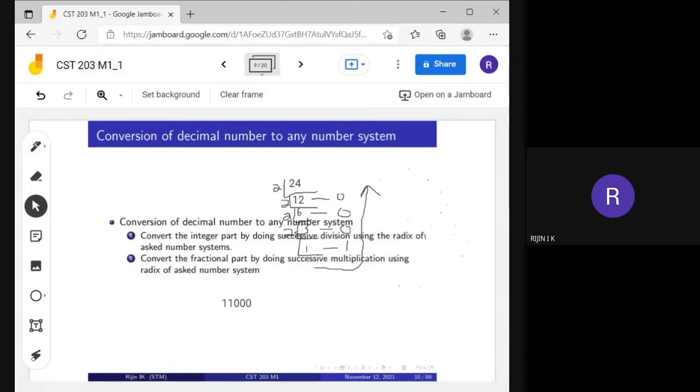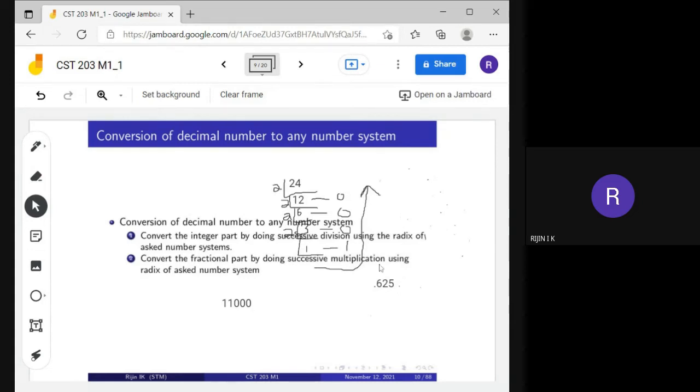Suppose consider an example like this, that you need to convert a decimal number 0.625 into the corresponding binary.